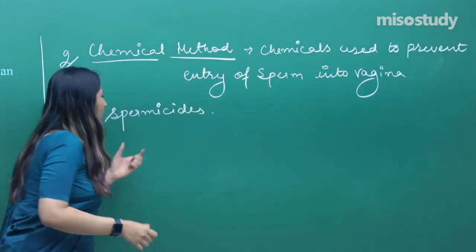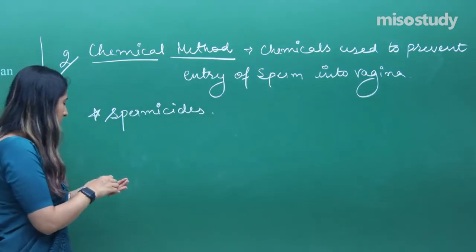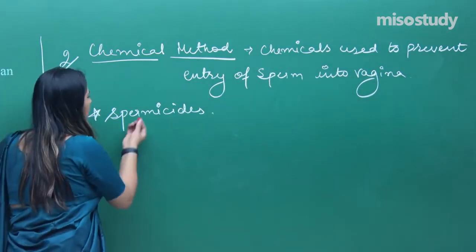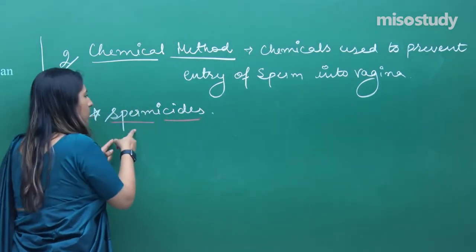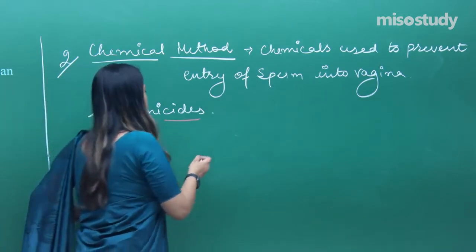So students, how to learn all those things? It's very easy, no need to cram all those things because science is all about day-to-day life. So spermicide: sperm, and cide means to kill the sperm, right?